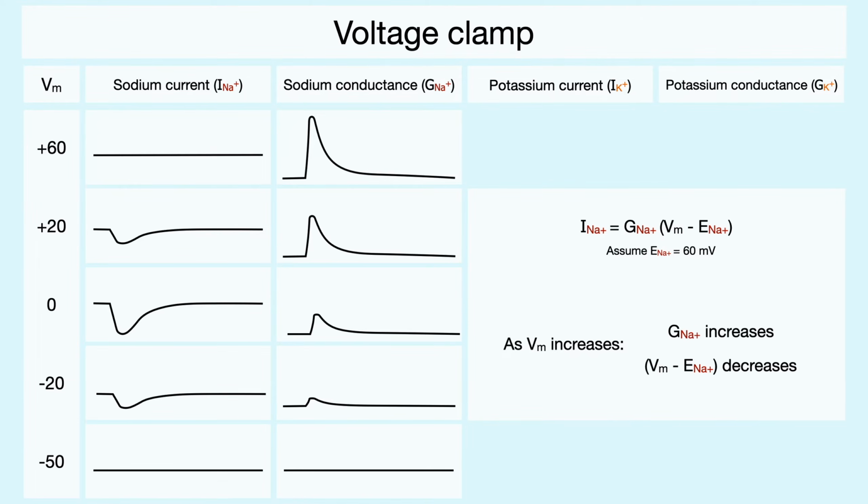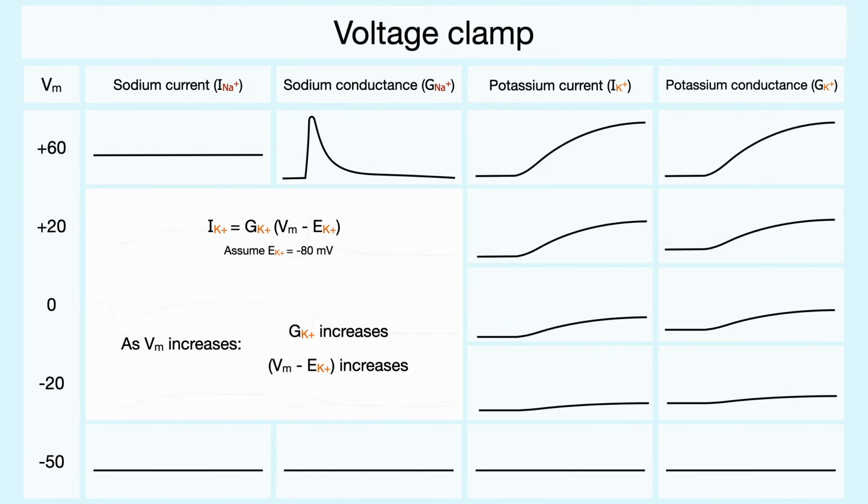Indeed, when we consider the plots at 60 millivolts, you can see that there is no net current, even though the conductance is very high, and that is caused because the driving force is zero. On the other hand, when we consider potassium, because its equilibrium potential is very negative, the current and the conductance keep increasing as the membrane potential increases.